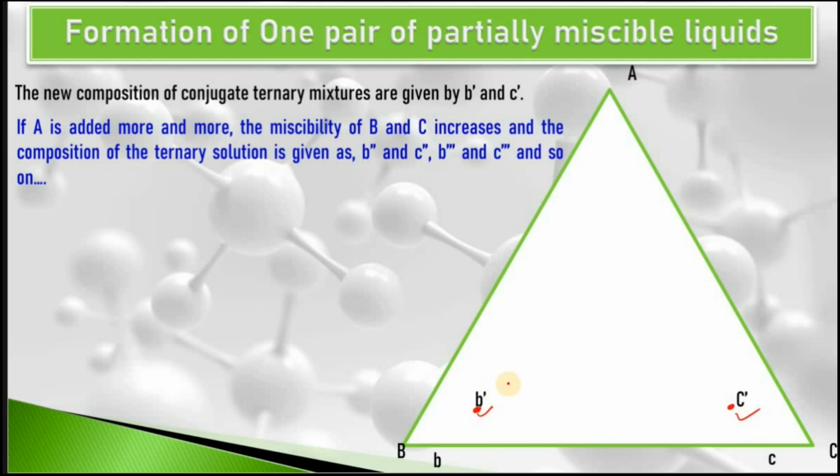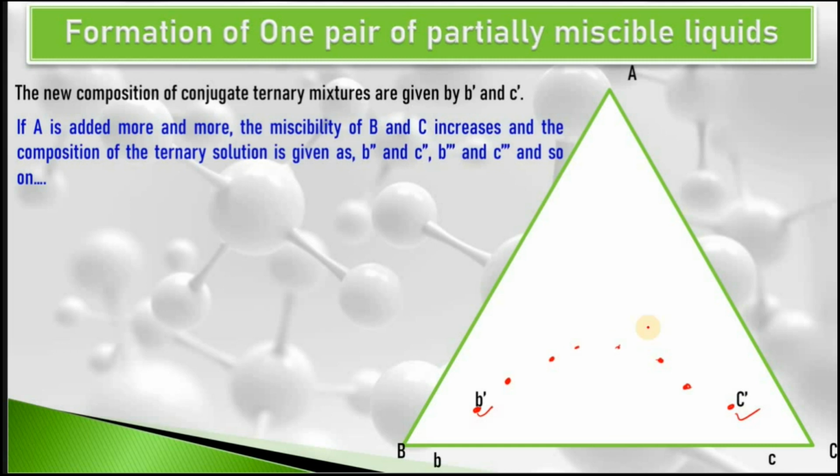As a result, we got a new composition which could be represented by this point, which lies towards the right of B or which lies towards left of C. If we keep on increasing A, the ternary solutions will have compositions something like this.